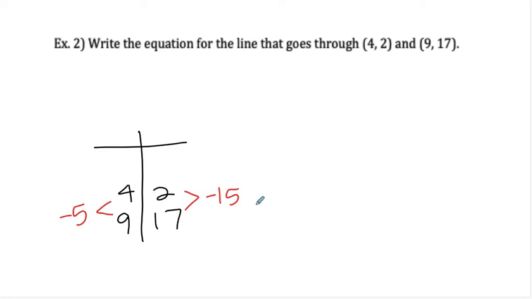So dividing the vertical change of negative 15 divided by negative 5, I'm going to have a positive 3. And again, if you would have subtracted up 17 minus 2, you would have got positive 15, and 9 minus 4, positive 5, and then you divide. What you can't do is subtract down on one side and subtract up on the other, because your sign would be wrong for your slope.